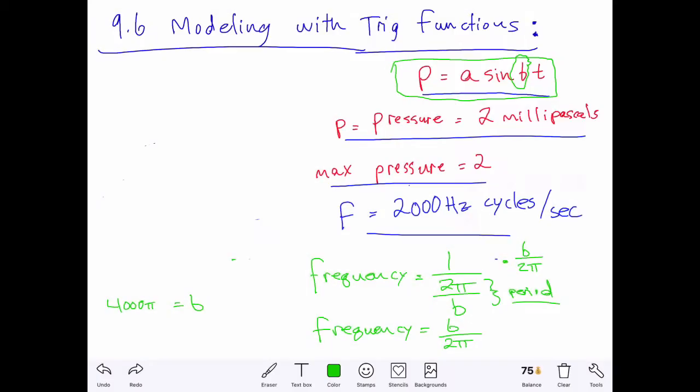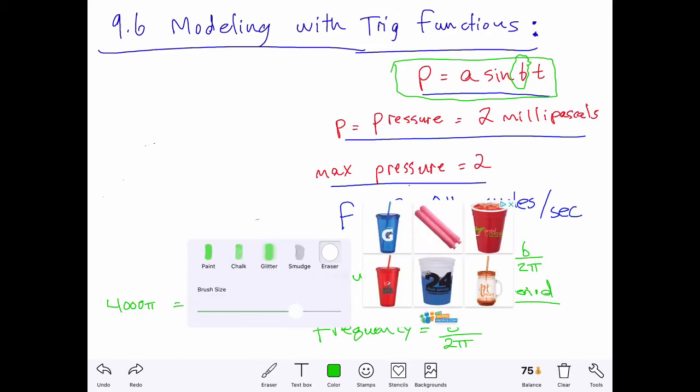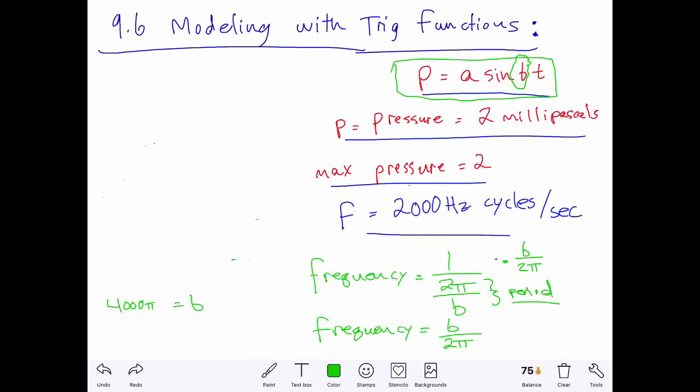Okay, so now once we solve for B, well, we've got one part of it. Well, then let's write our full equation here. P equals A, and A is, remember, the amplitude, which would represent essentially a maximum. So if they told me the max pressure was 2, and all of our other units are in millipascals, so I'm just going to leave it as 2.